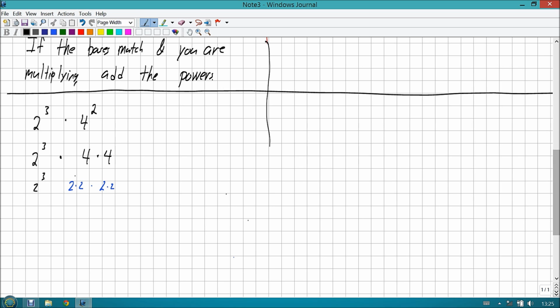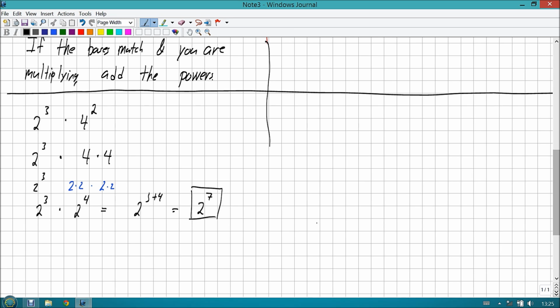which is really 2 to the, what, 1, 2, 3, 4th power? So we have 2 to the third times 2 to the 4th, which would give us 2 to the 3 plus 4, because the bases now match. We can add the exponents. And then 2 to the 3 plus 4 is, of course, 2 to the 7th.